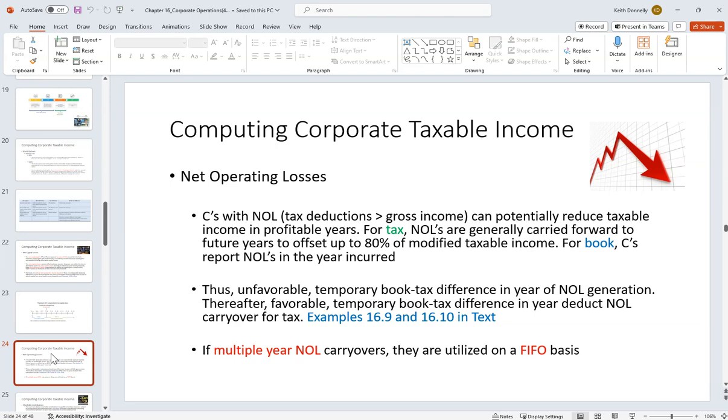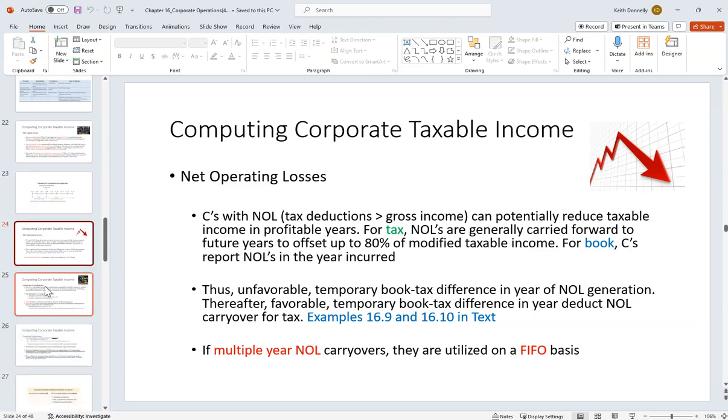And when you carry it forward, you can offset up to 80% of modified taxable income in those years. So don't get bogged down in it any more than that. You can look at 16.9, 16.10 if you want to, but let's just keep it simple.